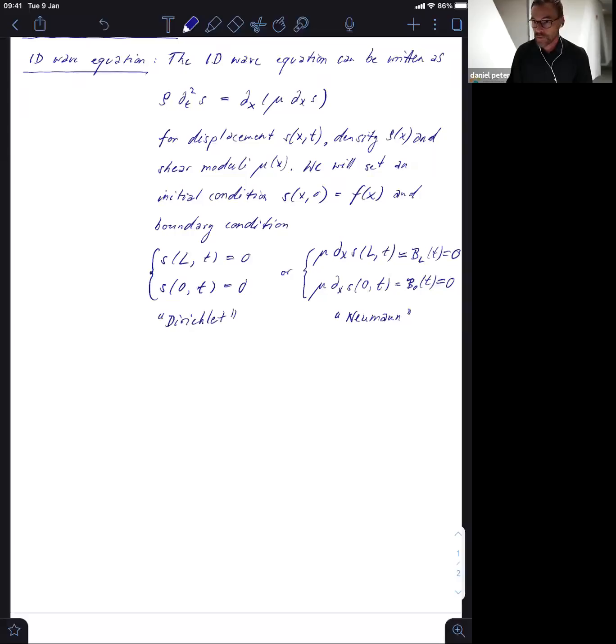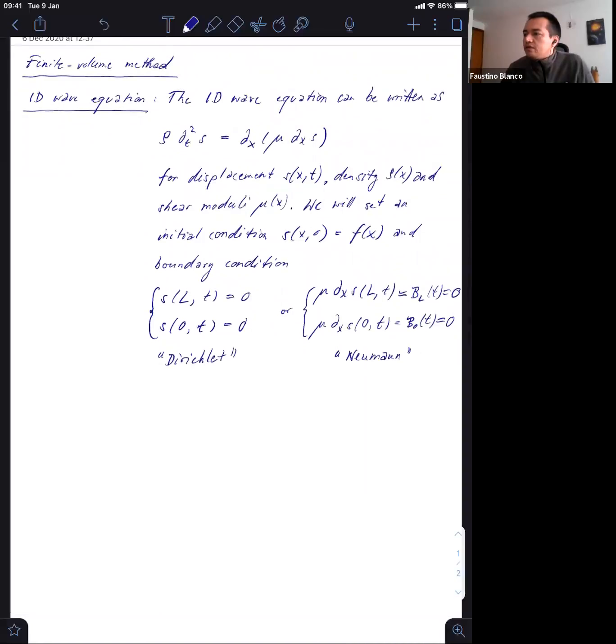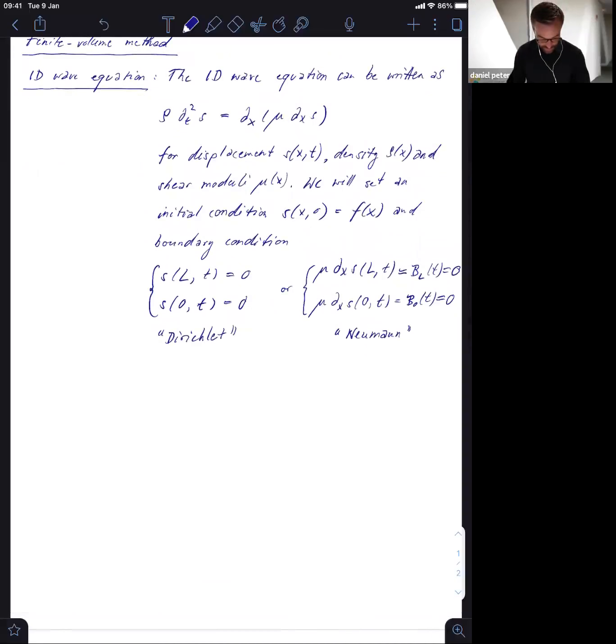Right, so what is the first approach for the finite volume method? What is the first step going to be? Write the integral form of the equation. Right, so what we need is the integral form.